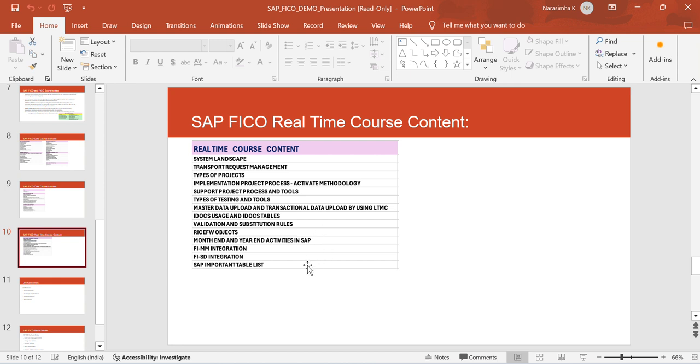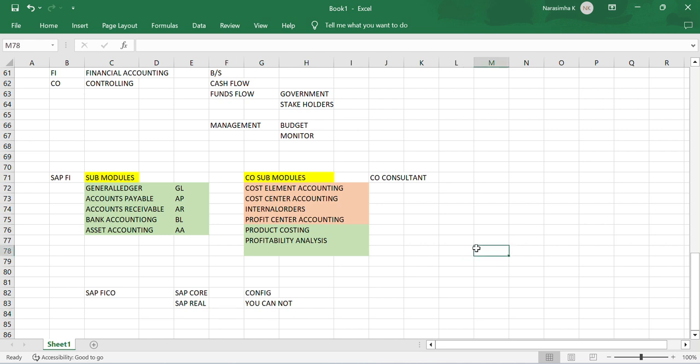If I miss any one or two topics, whenever you face it, not only in an interview, if you go into a project also, every topic is important. See, if you go to any SAP institute, for example in FICO, assume 100 configurations will be there.